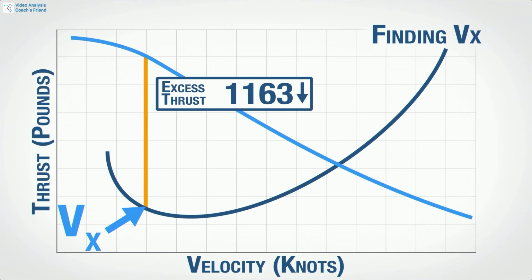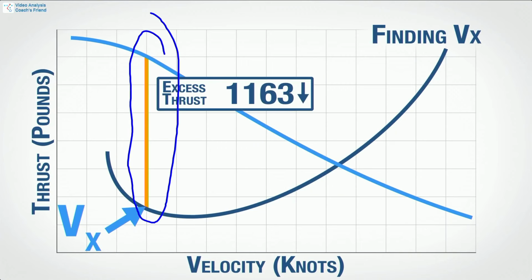And eventually, it reverses. At that point, right there, we have the very most excess thrust. And for this aircraft configuration, weight and altitude, this speed right here is Vx.